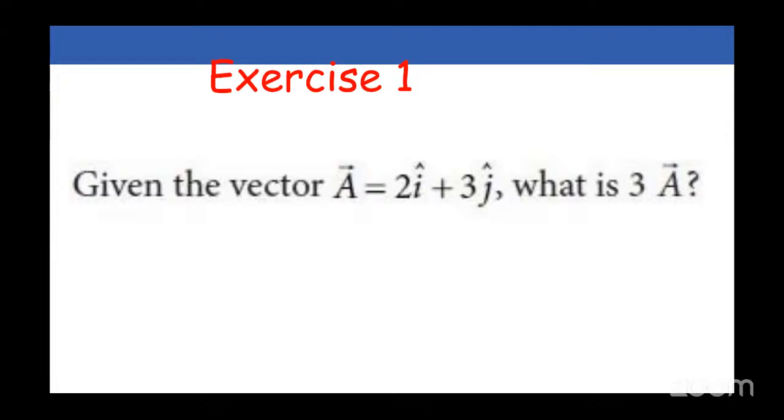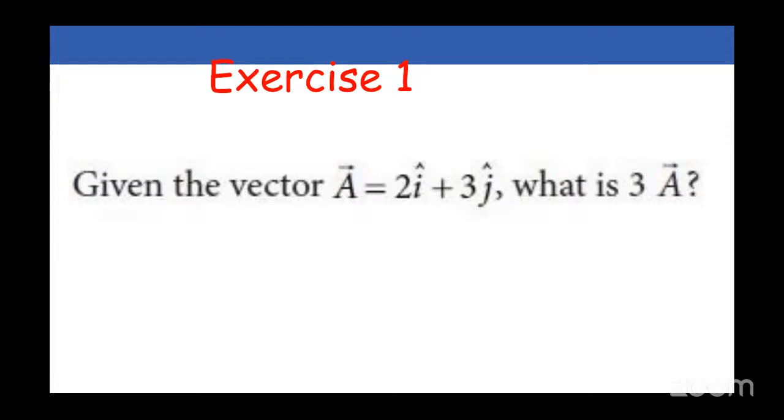Example is time, speed, and so on. And then we defined vector as any physical quantity that can be defined by both magnitude and direction. Example is force, velocity, acceleration.